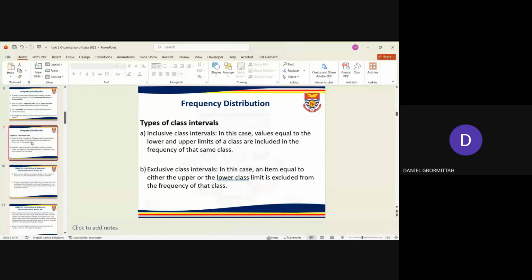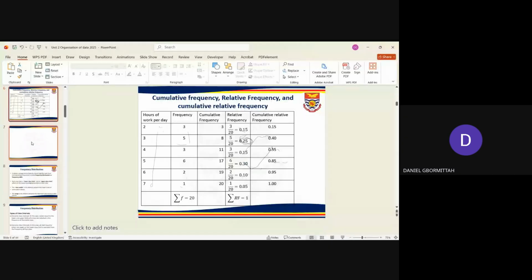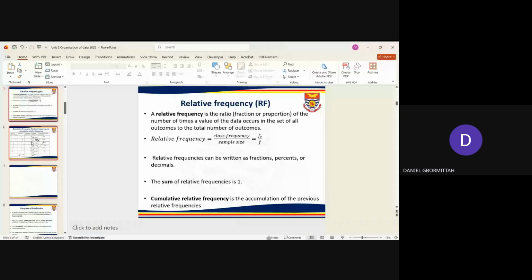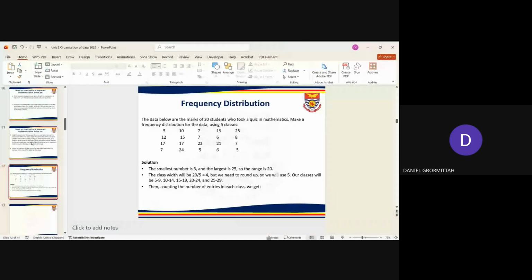What it means is that when we come back to this table, if you are looking at the inclusive class interval, and the class starts from 5 to 9, we will include numbers that are equal to 5, which is the lower class limit. We also include numbers that are equal to the upper class limit, which is 9.